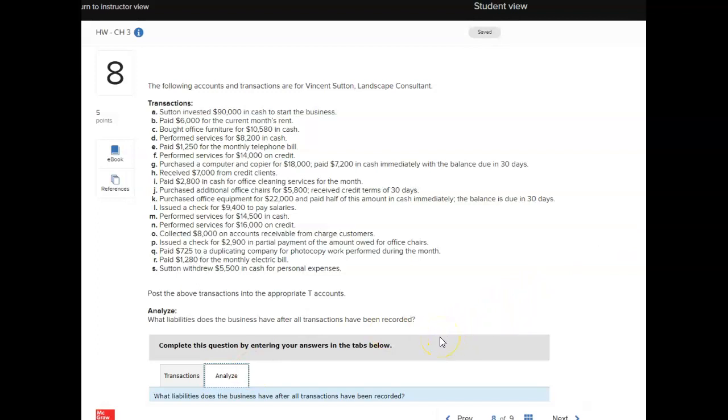It's important to have correct balances in the T accounts in problem number 8 because you will use those balances to prepare a trial balance and financial statements in problem number 9.